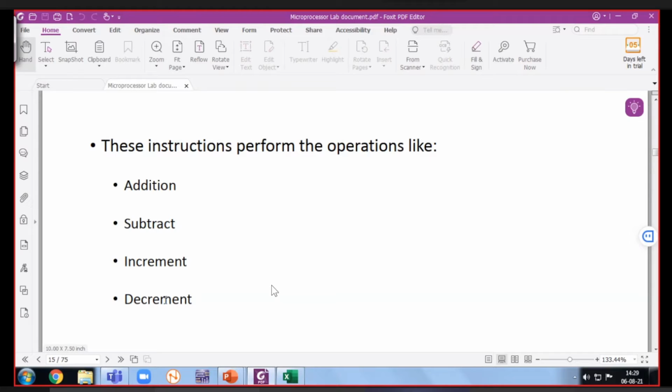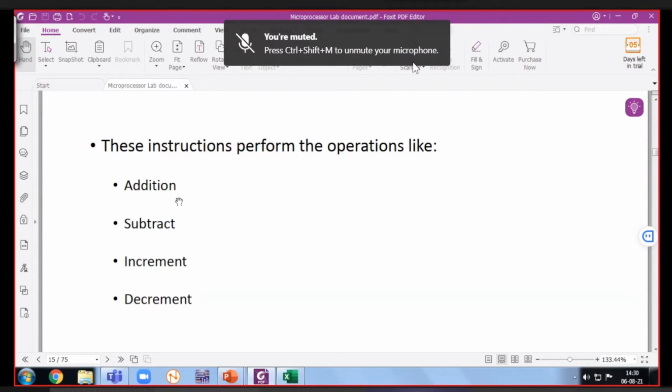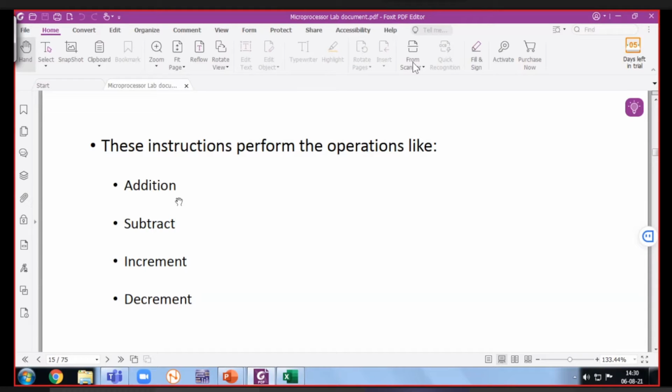Okay, I already explained we cannot perform multiplication and division using 8085. Okay, for doing a multiplication we have to perform repetitive addition. रिपीटेटिव एडिशन का मतलब सपोज मुझे करना है 2 into 4.